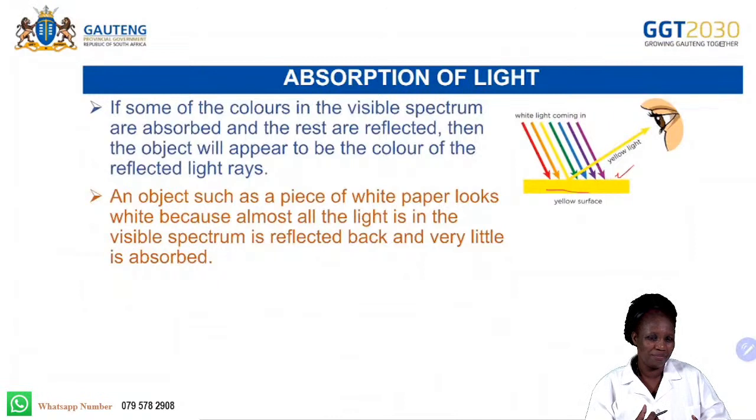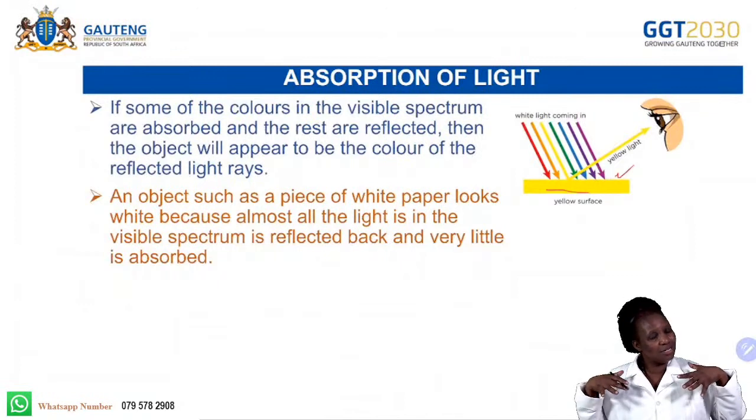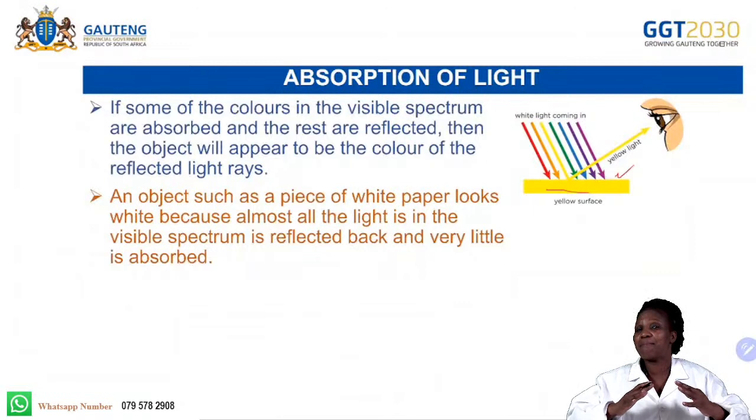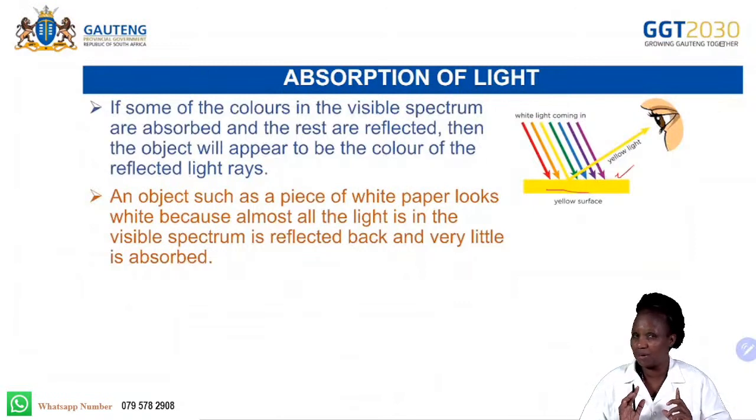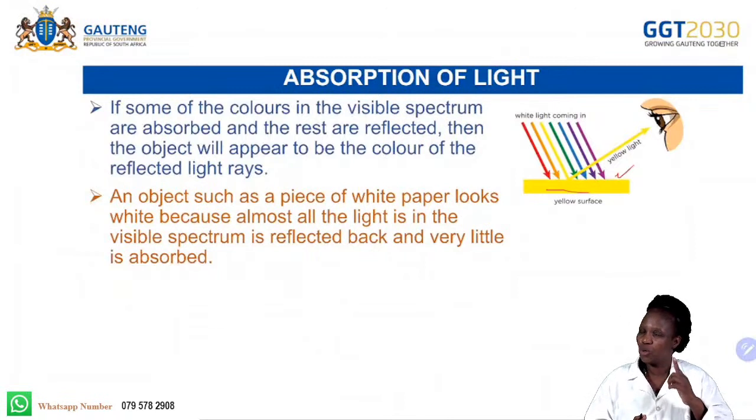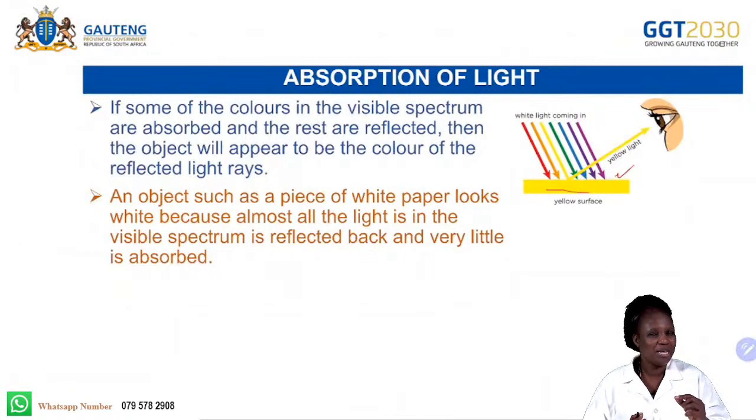Are we together? But if the surface is black, what do you think is going to happen? All the colors of the visible spectrum will go and they will be absorbed by the black surface, and no color will come to our eyes. Therefore, we will see it as black because no color is being reflected.